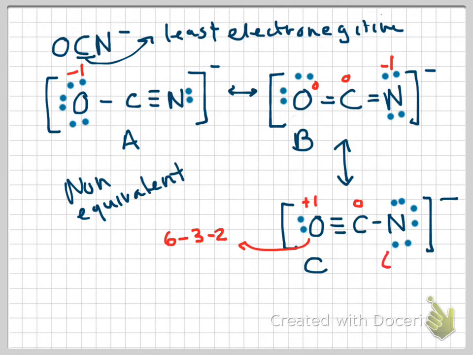And then my nitrogen is 5 minus 1 minus 6, which is a negative 2 charge. And so in this case, they still do all add up to minus 1. So now we need to decide which is the best of these three structures.